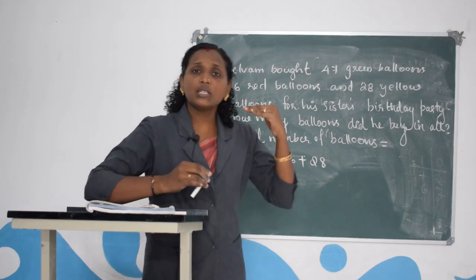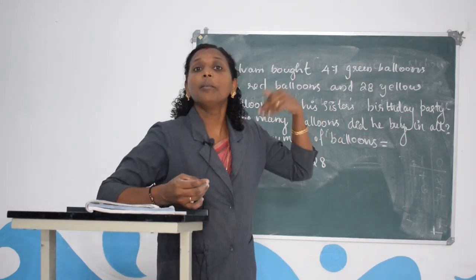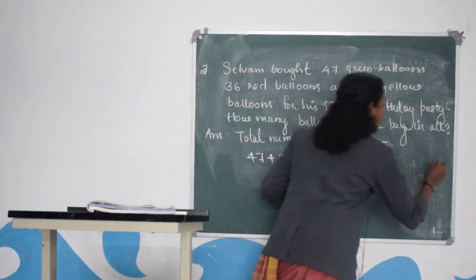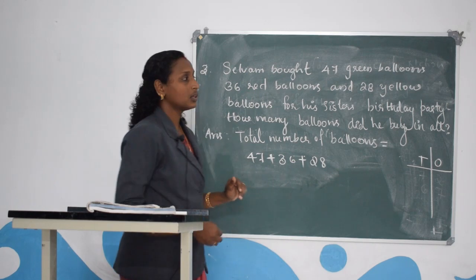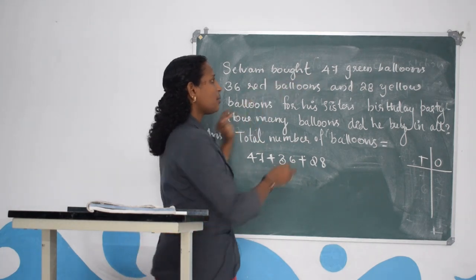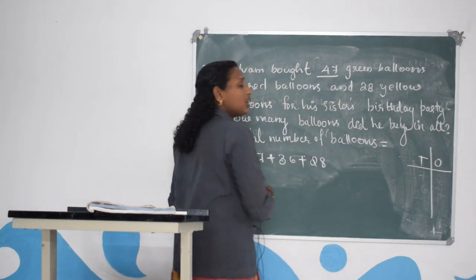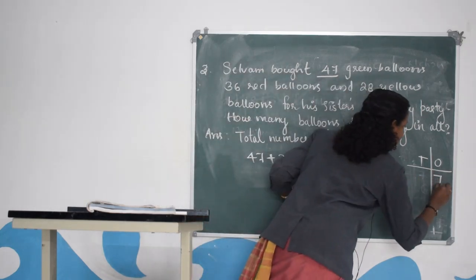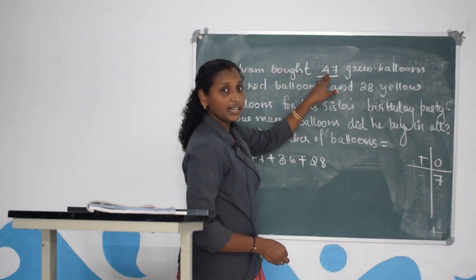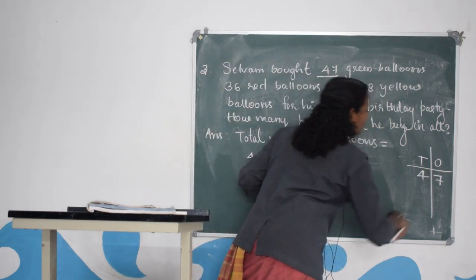That means first we write the numbers in places, that means ones, tens. Look at this question. First number 47. In ones it is 7 and in tens it is 4.